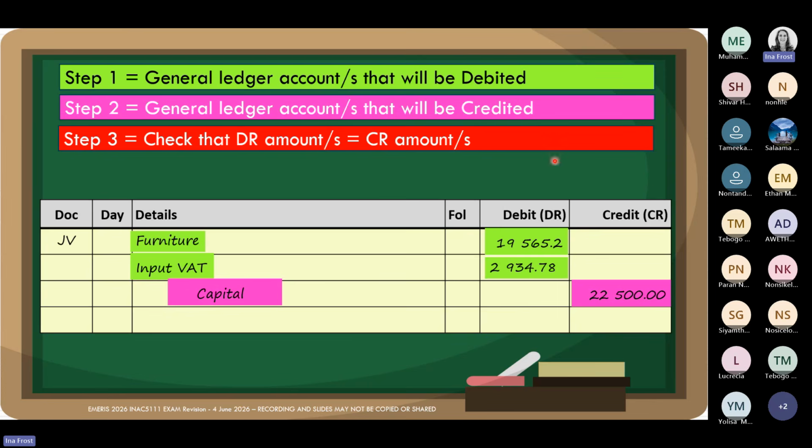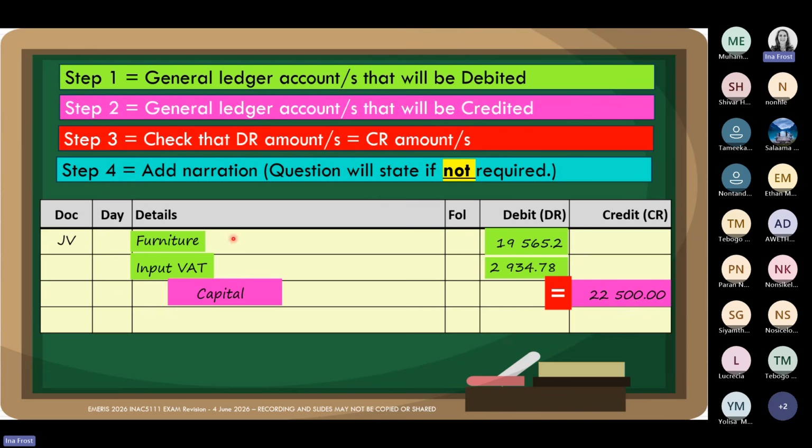So this here represents a double entry. And for it to be a double entry, it means your total debits must equal your total credits. So you have to make sure if you add those two debit amounts together, it does give you 22,500. And then your last step is provide the narration unless the question says you do not need to give them.